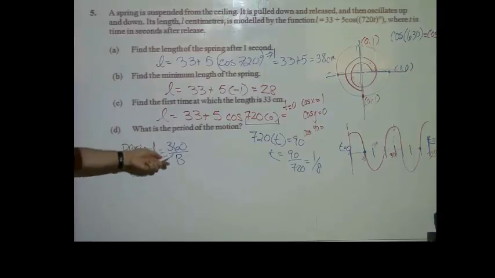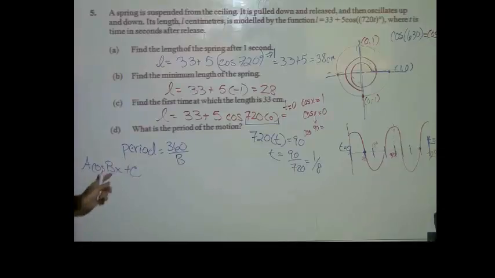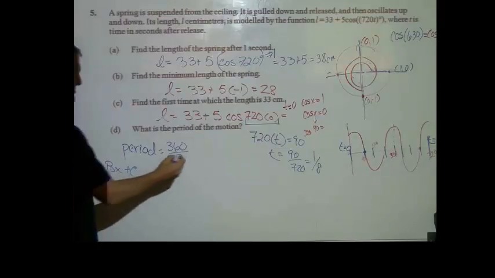Period goes back to this little formula, 360 over b, where b is whatever we're multiplying here. So it happens to be 720.